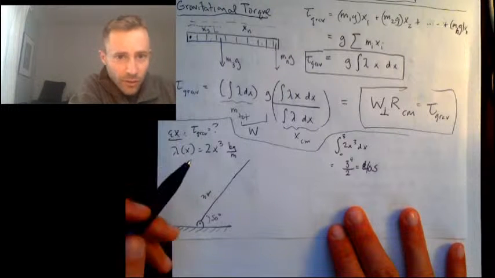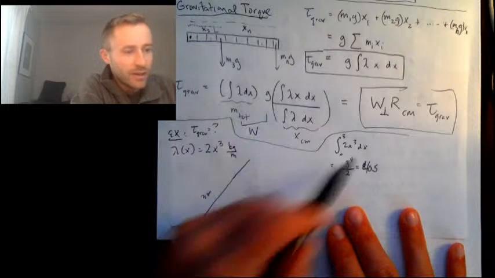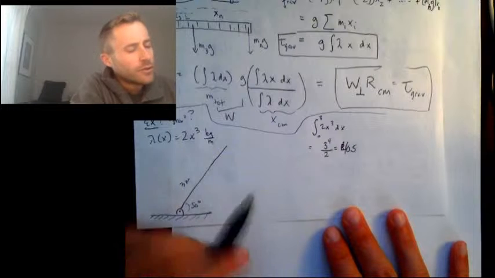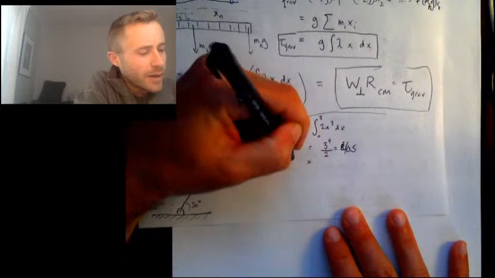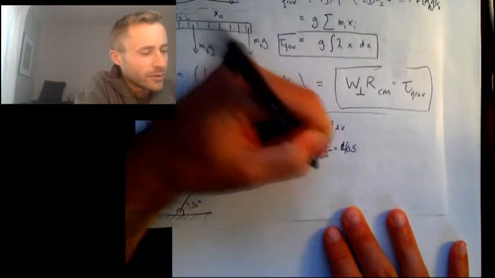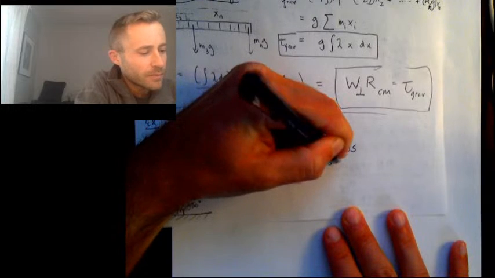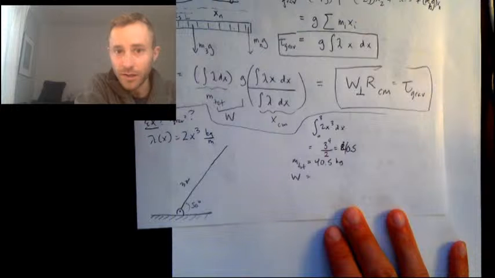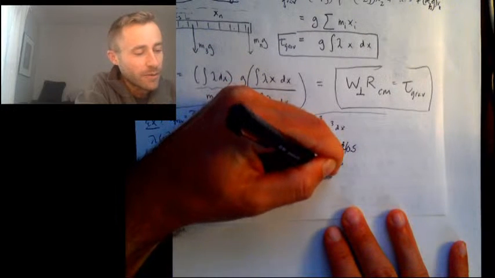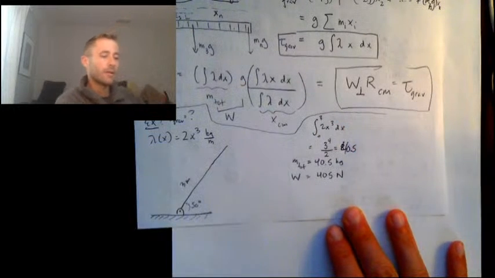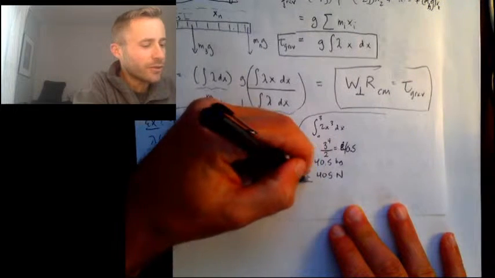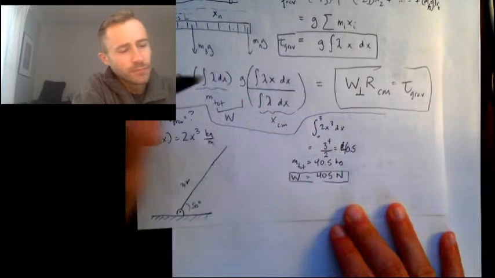This integral of lambda dx is actually the total mass of the beam. So m tot is 40.5 kilograms, which means the weight of the beam, mass times gravity, is 405 newtons. That is the weight of the beam.